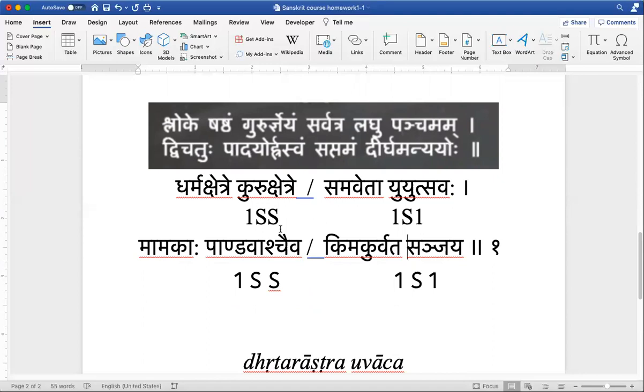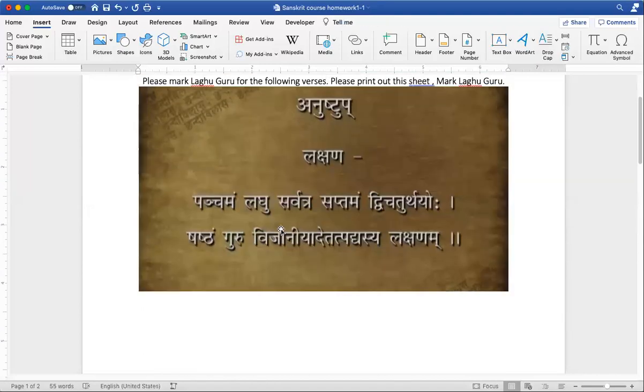There's one more rule I've included in the beginning. I've taken a screenshot from Panchamam Lagu Sarvatra Saptamam Dvi Chaturthayoho Shashtam Guru Vijaniya Detat Padyasya Lakshanam. Padya. So that is for Padya. Padya means for a song, for Anusthup Chandas. Panchamam Lagu Sarvatra.